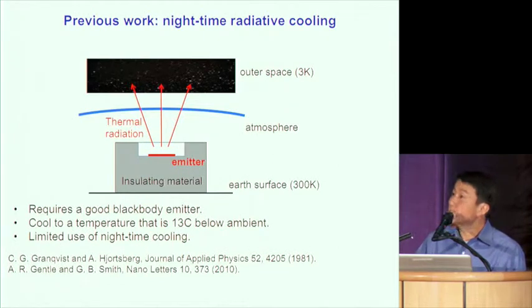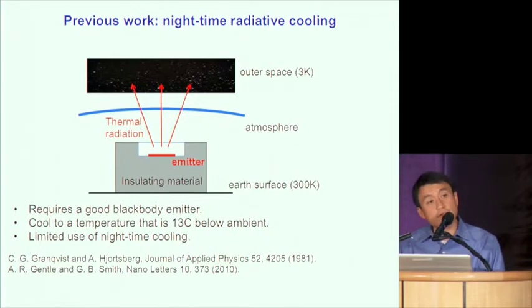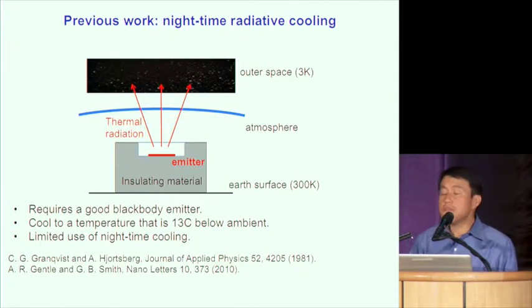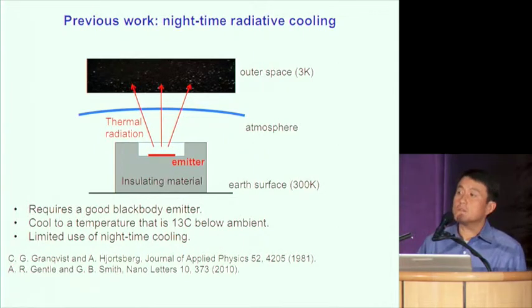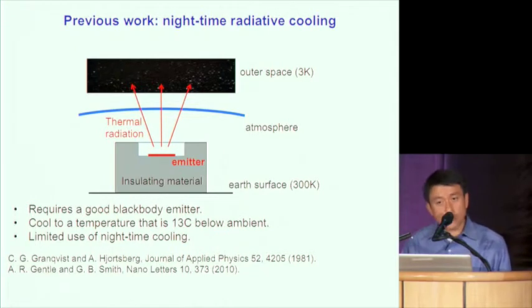Again, we start with the state-of-the-art, and the state-of-the-art has a temperature reduction of about 10 to 15 degrees Celsius at night. And this is usually accomplished by using a black emitter, a standard black body as an emitter, like carbon black. Now, it is important to realize that even at night, a black body emitter is not ideal for radiative cooling purposes.